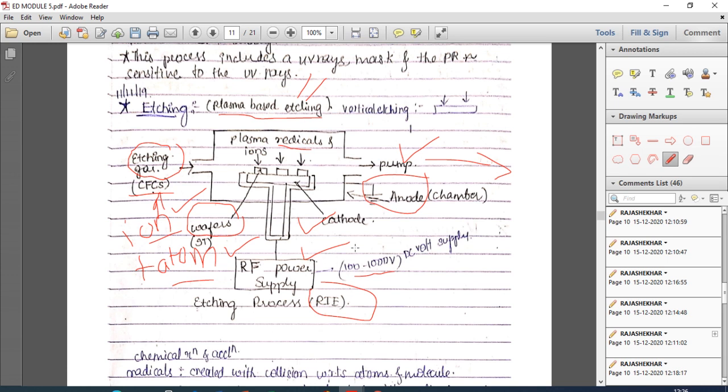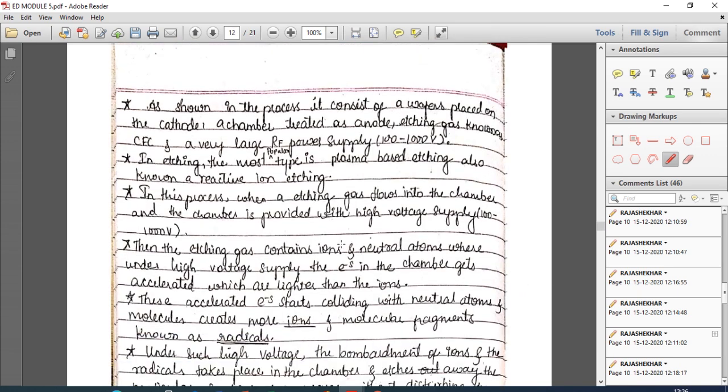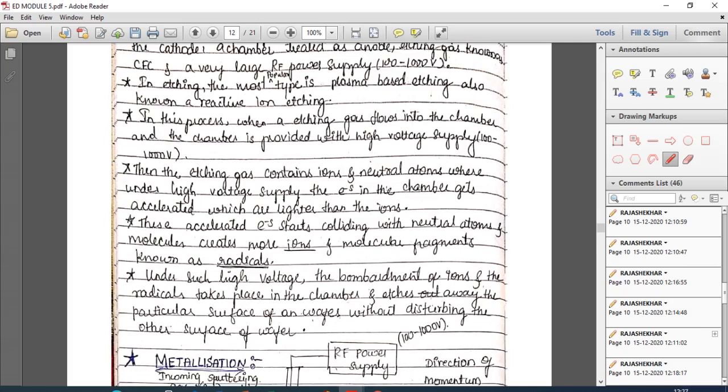This is how the process takes place, and we call it reactive ion etching because the ions in the etching gas play an important role in removing the unwanted material present on the surface of the wafer. The same explanation is given here. Just go through this and you will understand how the etching process takes place.